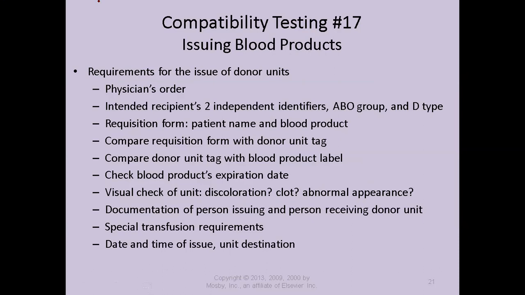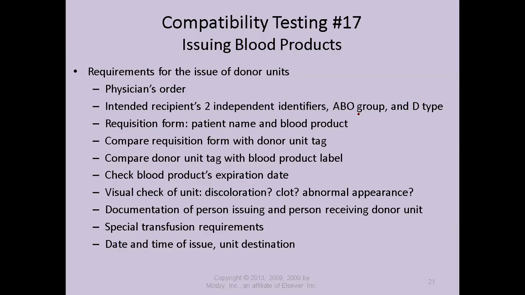When you're at your clinical sites doing your blood bank rotation, this is a very interesting thing to see. There is a definite protocol for issuing blood products. Basically, we start with the physician's order for how many units, okay? Intended recipient's 2 independent identifiers, ABO group and D type.